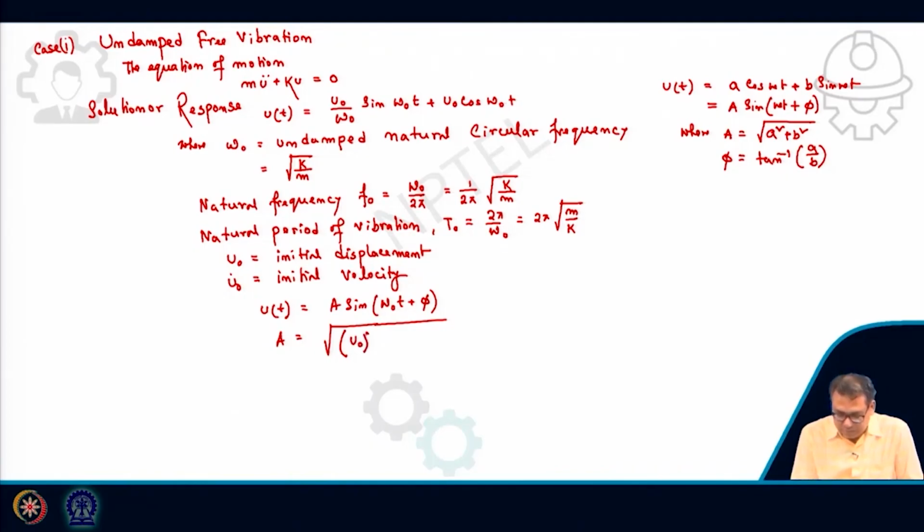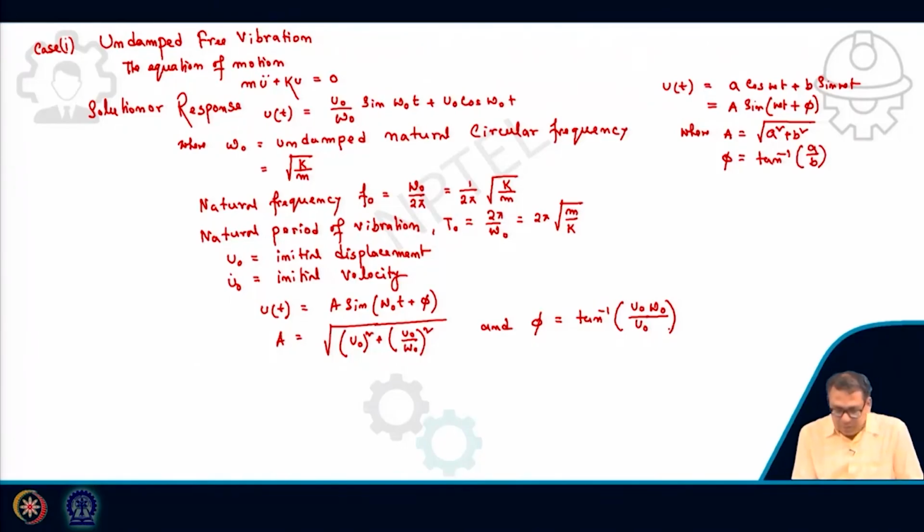So this will be the square of U0 plus the square of U0 dot by omega 0, that is B square, and phi will be equal to tan inverse A by B, where A is equal to U0 and B is equal to U0 dot by omega 0.